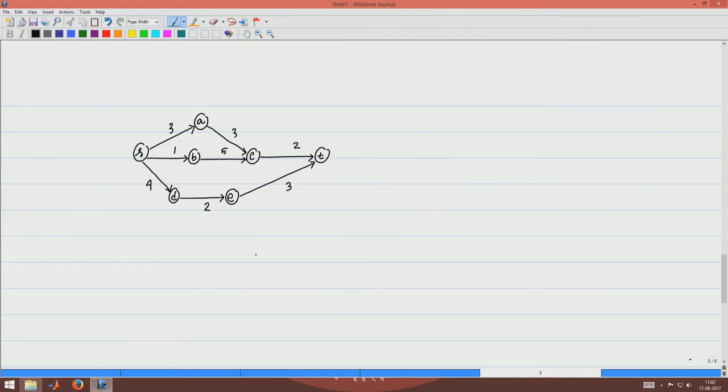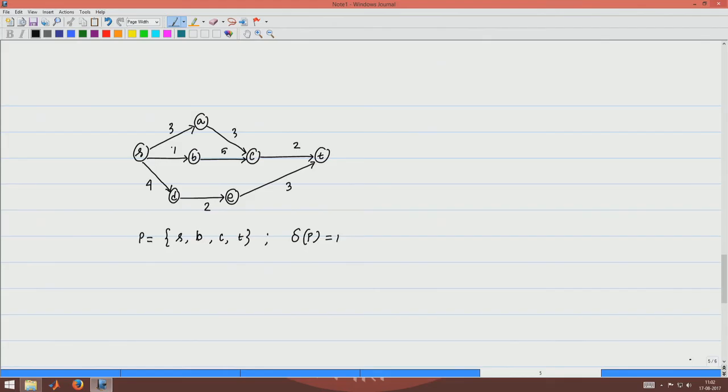Now, what I wanted to say is, what is the use of this residual network? I can directly find a path from S to T. Suppose I got the path P to be say S, B, C, T, and I know that the capacity of this path is 1.